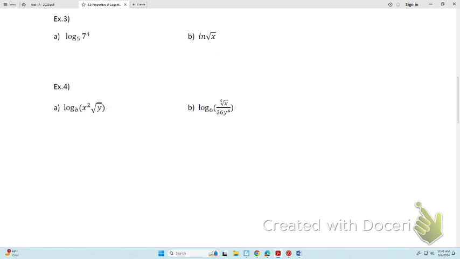So number 4, A and B are pretty involved, especially part B. So ask yourself, what is happening to both x and y? You're multiplying them. Both x and y are being multiplied.